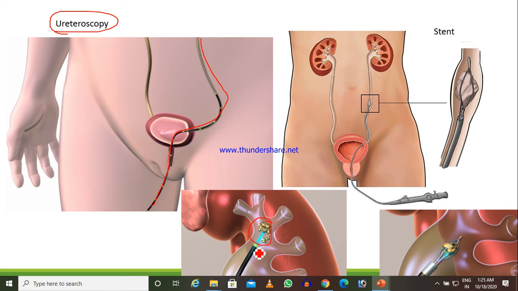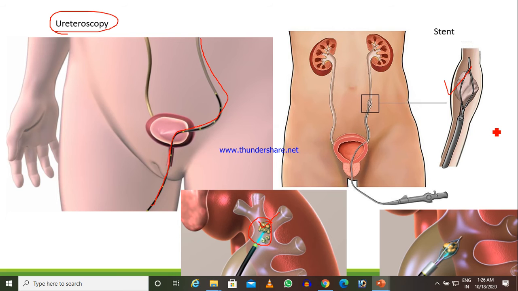At the tip of the ureteroscope, you can inject a high energy laser, which can break the bigger renal calculi into small pieces, which are easier to pass through the ureter and come out. Finally, whatever particles or pieces of stone are left out can be held like this.